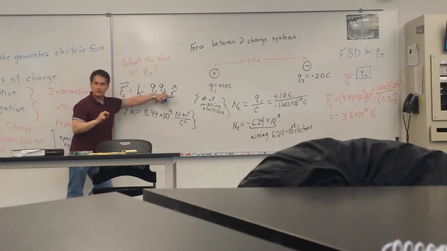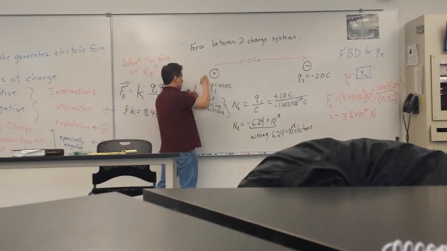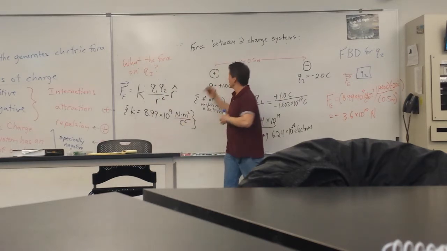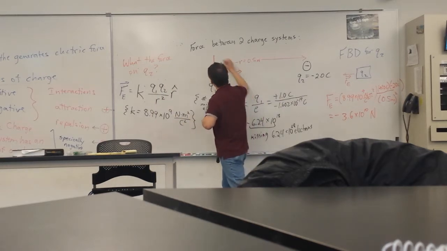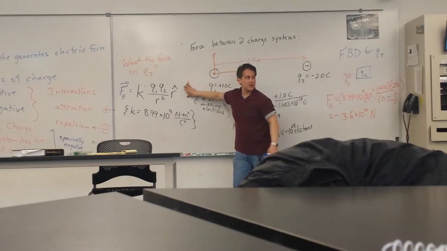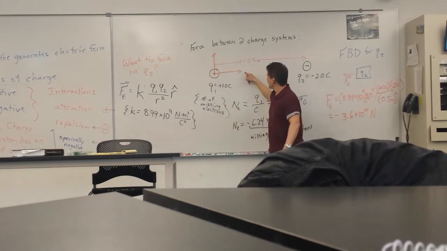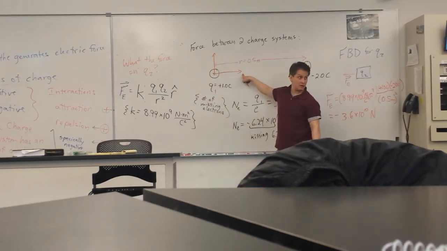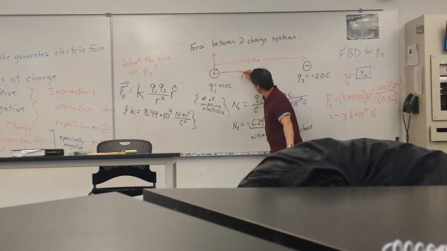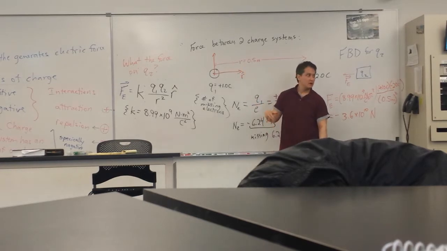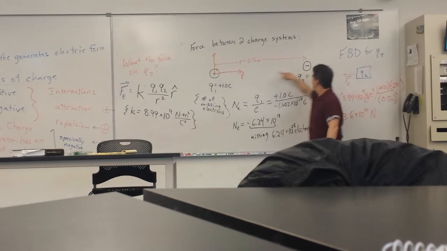If I'm calculating the force on Q2, the origin is on Q1. And the positive direction is from Q1 to Q2. So if I were to rewrite this in a useful sense, I would say, positive, according to this expression, my coordinate system has at least one direction, the R direction, if you will, axis, whatever, pointing from Q1 to Q2.